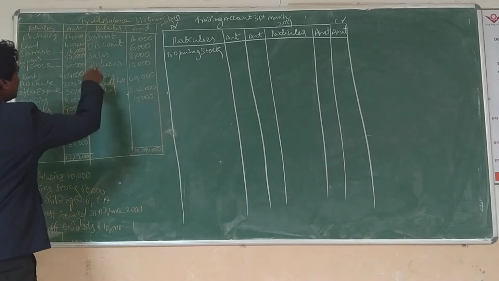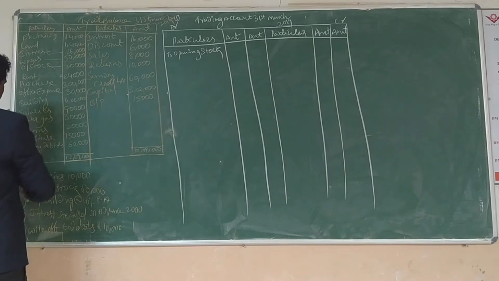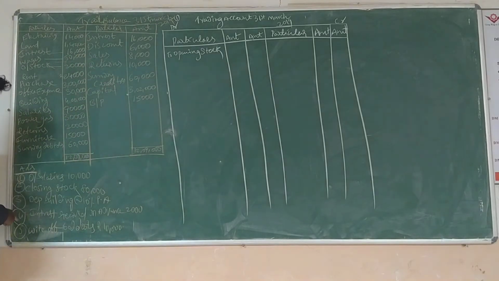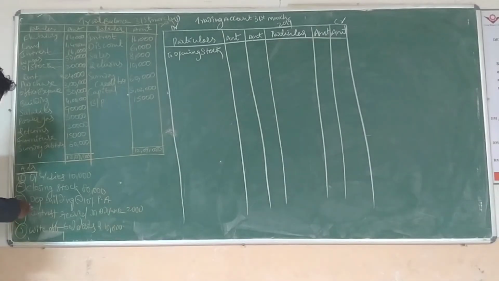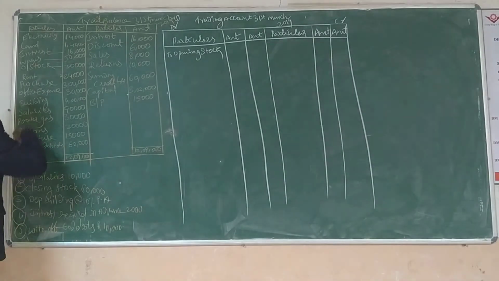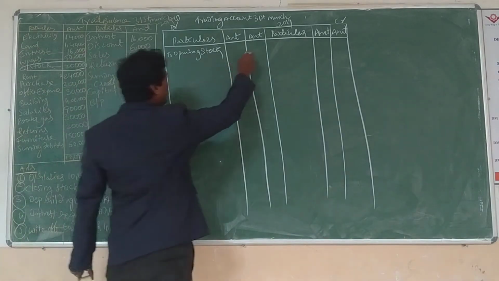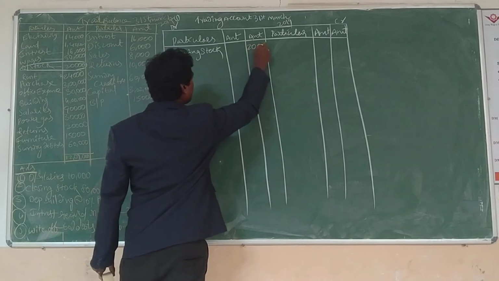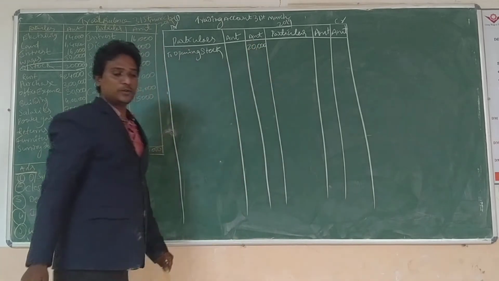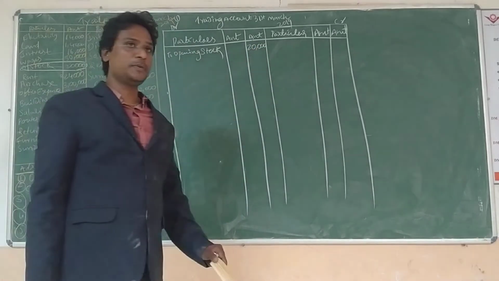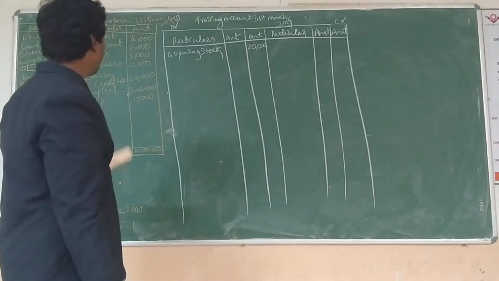Here. Opening stock is 20,000 rupees, entered directly in the outer column.